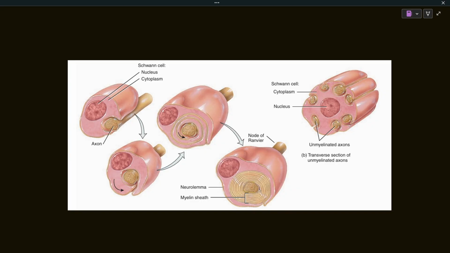We will discuss why. Neurolemma is the cell body part of the Schwann cell, with its cytoplasm and nucleus in the outer part. And the neurolemma is the one which has the regenerative properties. That is why the PNS myelin sheath has more regenerative properties than the central nervous system one.